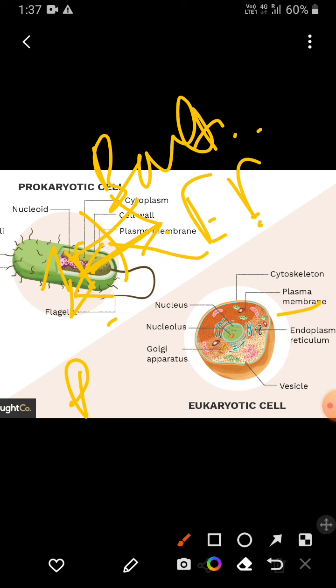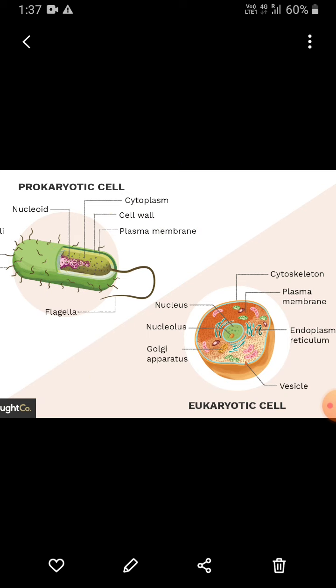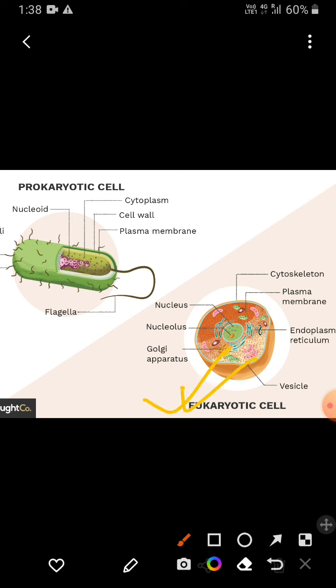Another important similarity is that prokaryotes possess cytoplasm, and eukaryotes also possess cytoplasm. But the difference is, in prokaryotes, cytoplasm means everything present inside the cell. But in eukaryotes, cytoplasm means everything present inside the cell except the nucleus.